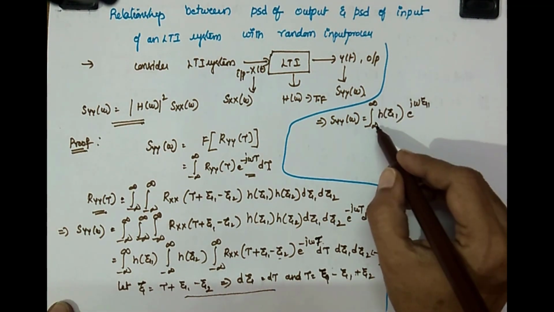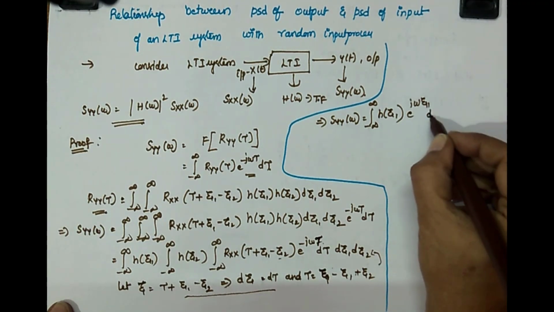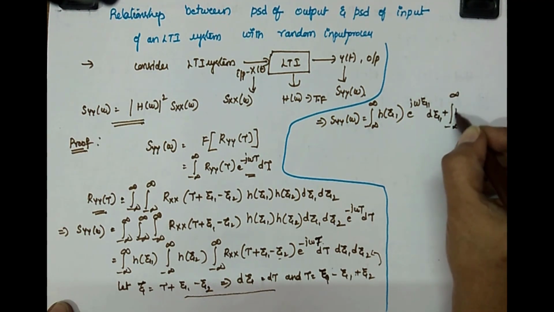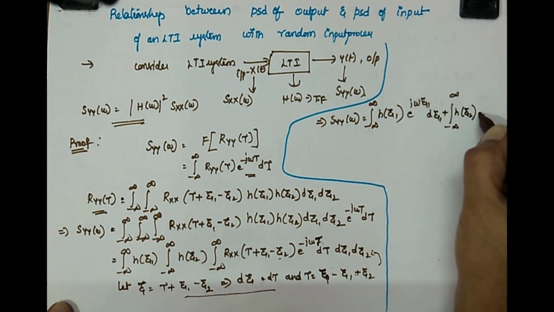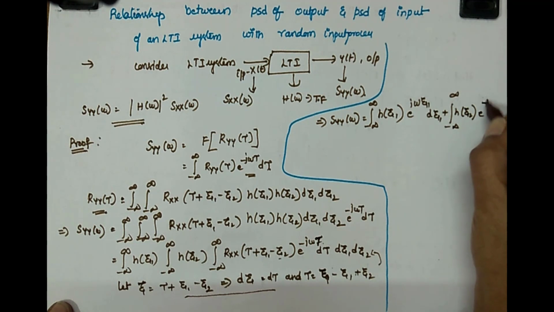So it is the integral from minus infinity to infinity of h of delta 1 into e power j omega delta 1 d delta 1, times the integral of h of delta 2 e power minus j omega delta 2 d delta 2.